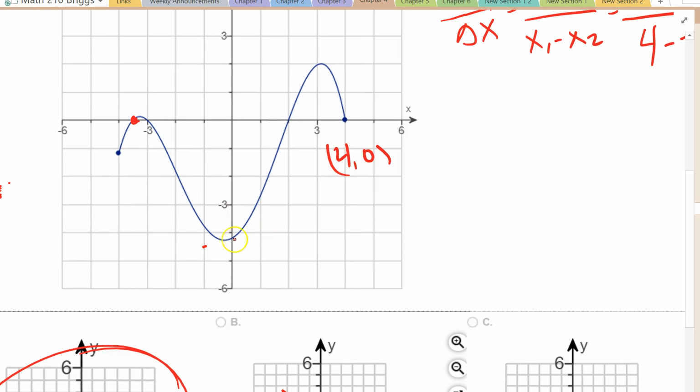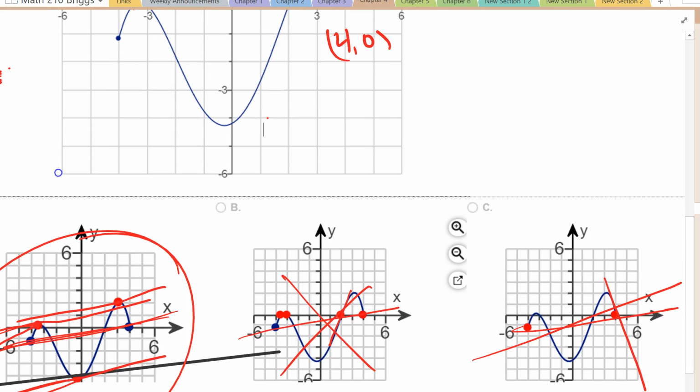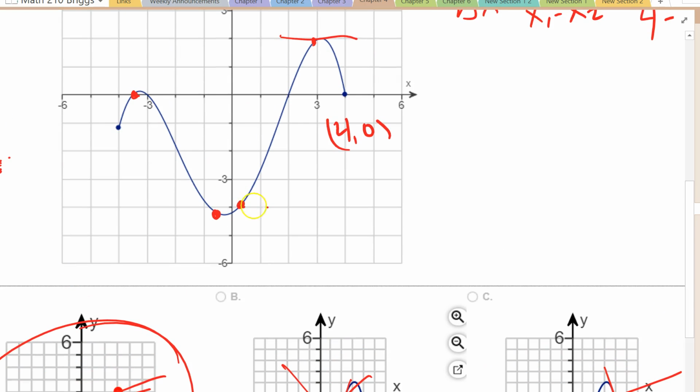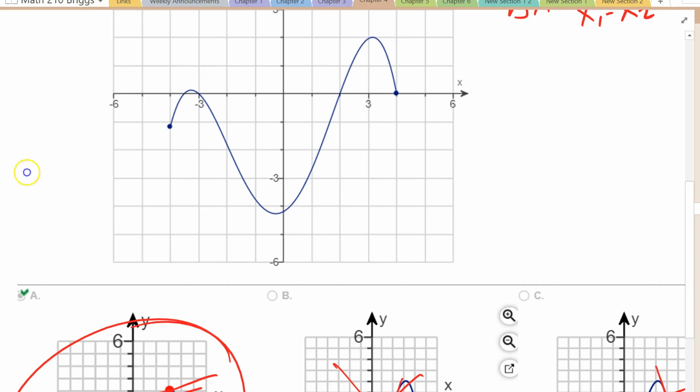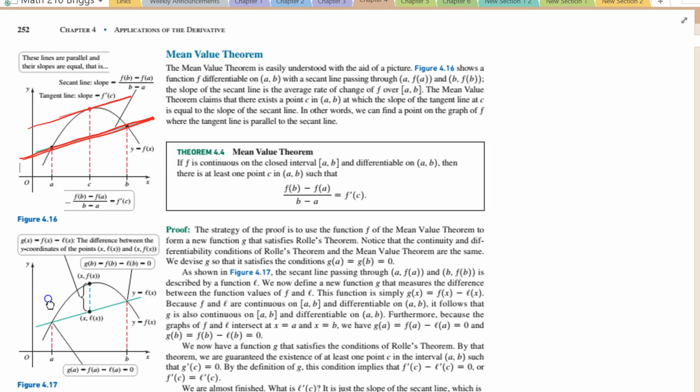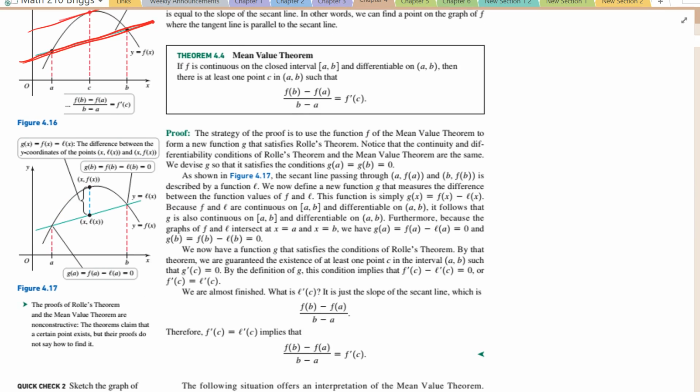So if there's a point here and a point here, roughly, note that it's not at the 0 point. It's going to be on one side or the other of that 0, depending on whether it's increasing or decreasing. The visual is saying roughly where that point exists.